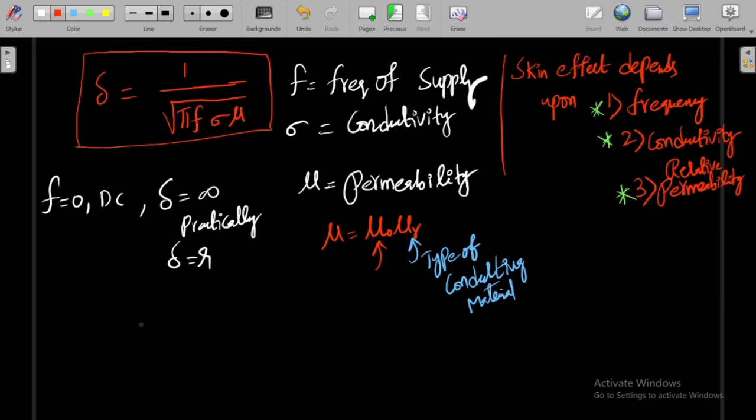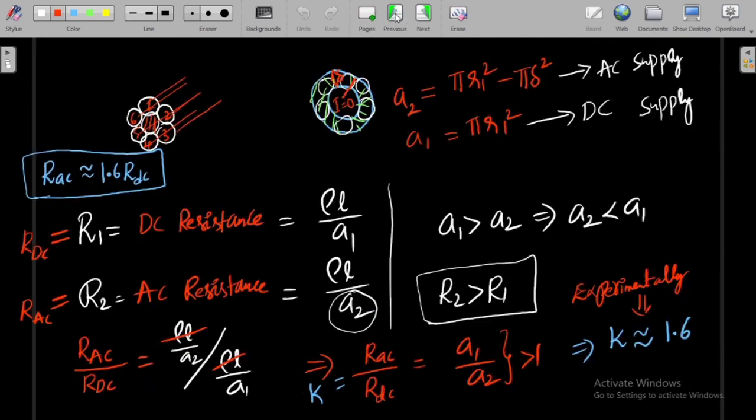So if you observe, when you take this ratio, which is the resistance of the AC circuit to the resistance of the DC circuit, or the resistance of the line when it is subjected to AC to the same line when it is subjected to DC, we got this ratio as A1 by A2.